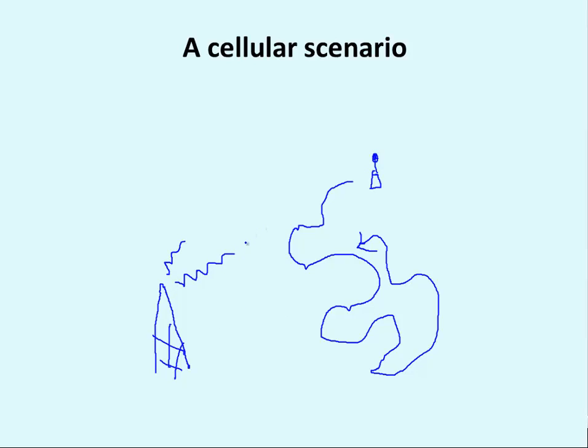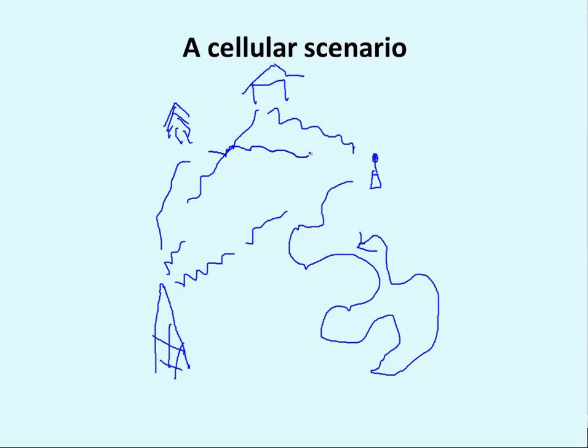Now, some of these signals travel in straight lines and go straight to the cell phone. Some of them bounce off various objects like trees, houses, and so on. And these bounced signals will also come to the cell phone.